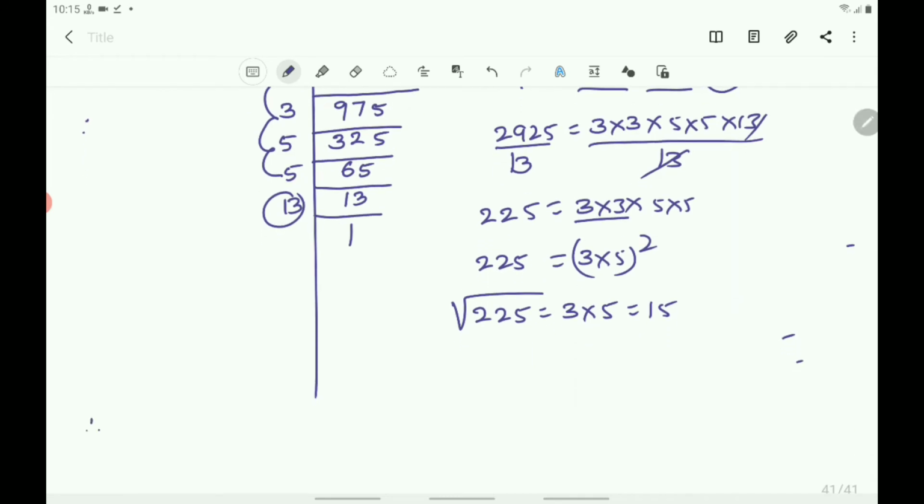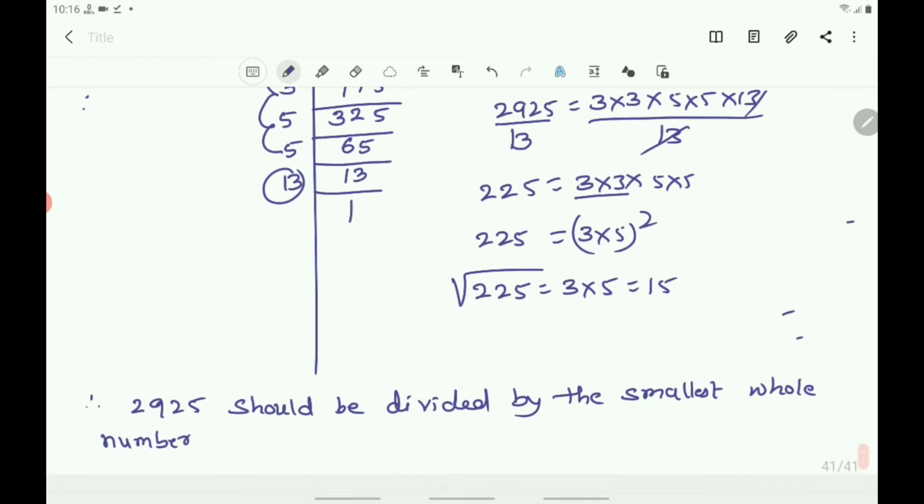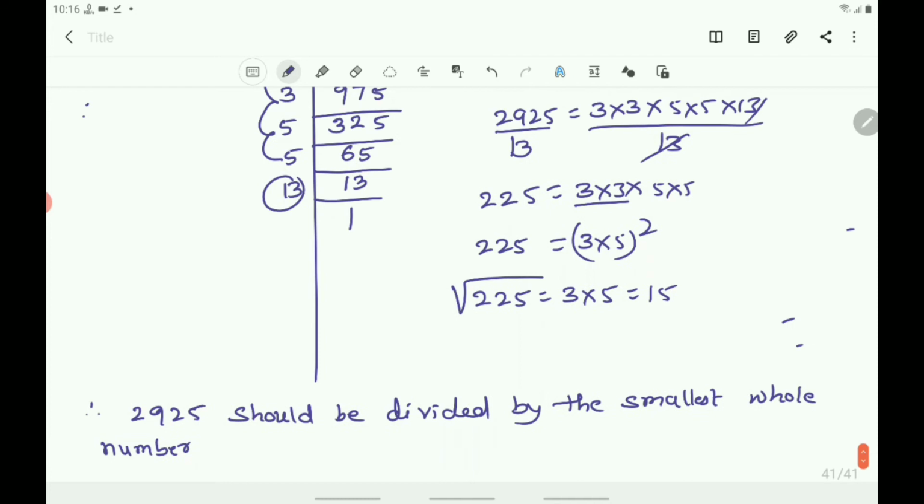Therefore you write 2925 should be divided by the smallest whole number 13 to make it a perfect square.